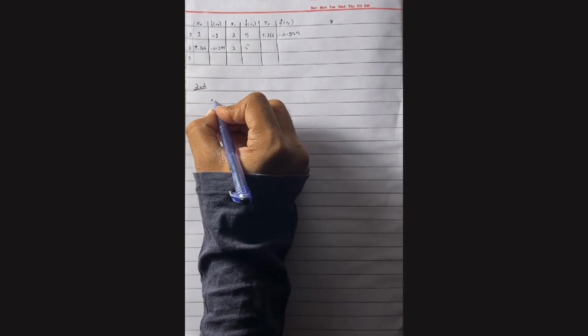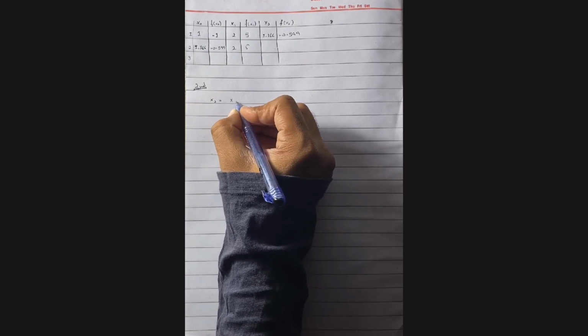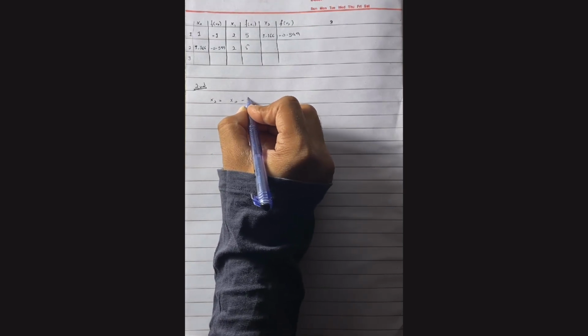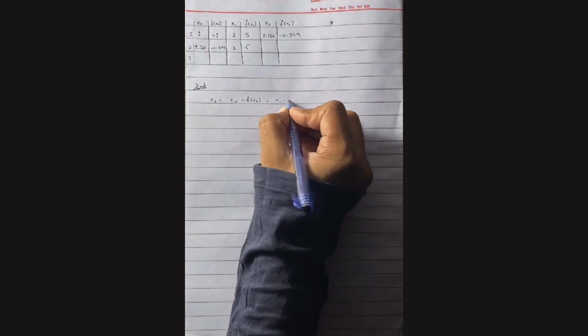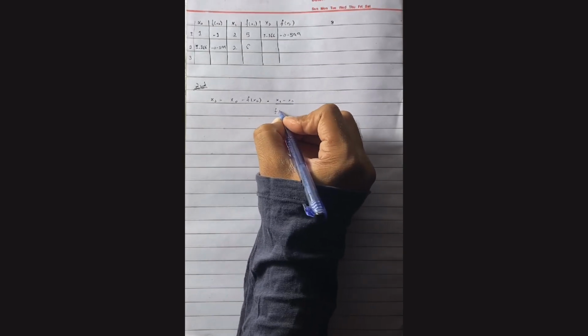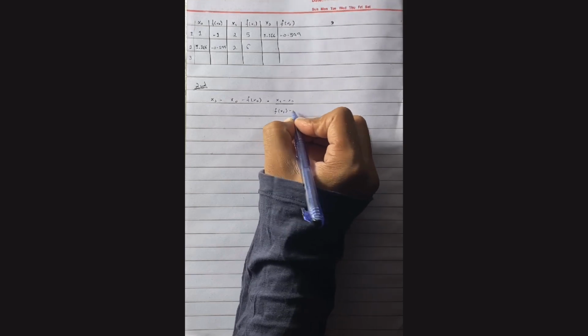Again, write the formula: x naught minus f of x naught multiplied by x1 minus x naught, upon f of x1 minus f of x naught.